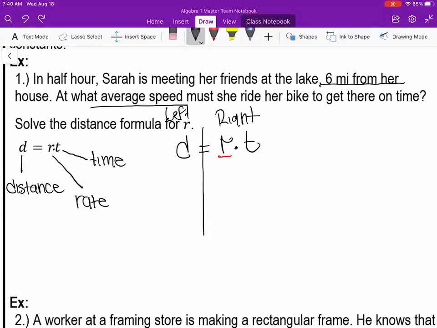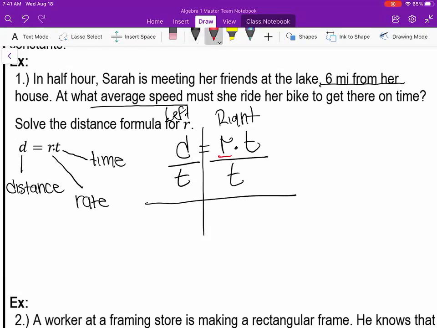We got to do the opposite of what it's doing. Well, what's happening right now? They're multiplying each other, as you can tell. There's a little dot right there, which means they're multiplying each other. So if I want to get rid of the T, I got to do the opposite, which is that the opposite of multiplication is division. So I'm going to divide by T. And whatever I do to one side, I do to the other.